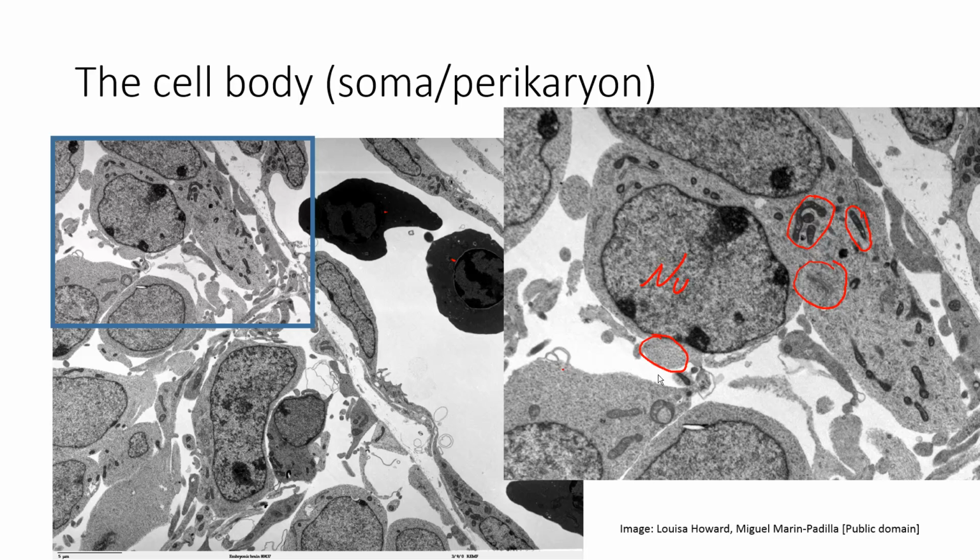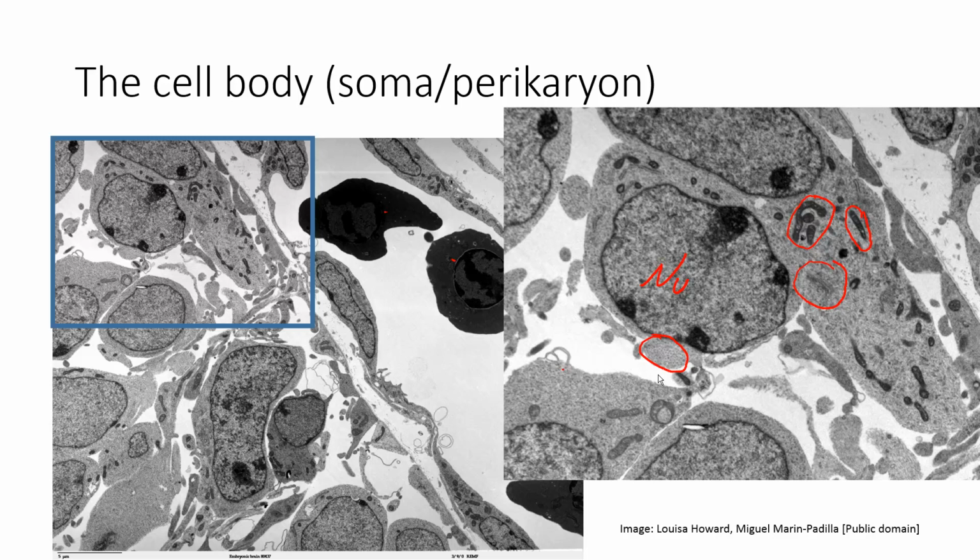And neurofibrils are special cytoskeletal networks within nerve cells that are going to help with transport. Some of these nerve cells can be really long, 100 centimeters or more in length from soma to the tip of the axon.